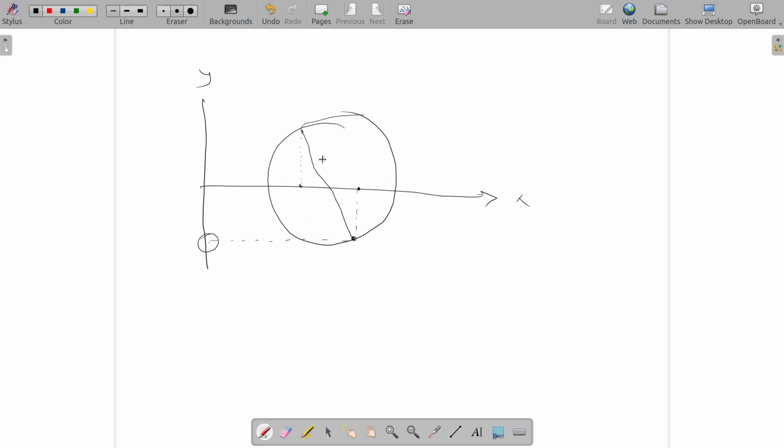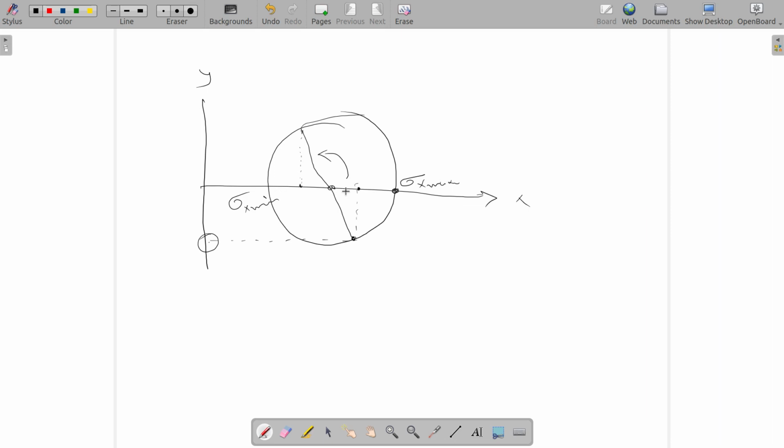So when this diagonal is continuously rotating, the maximum value of sigma x happens here and the minimum value happens here.